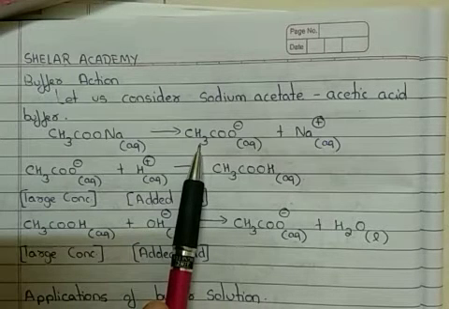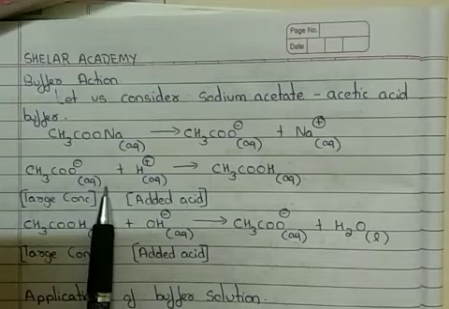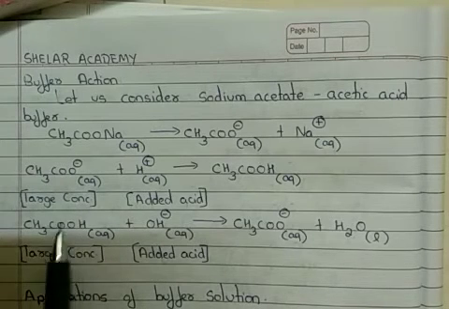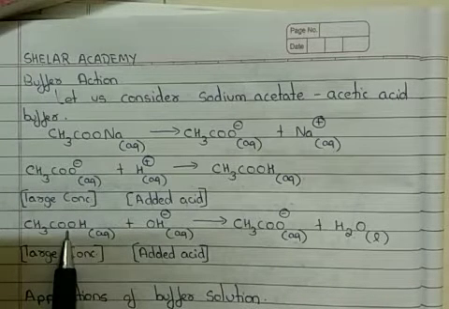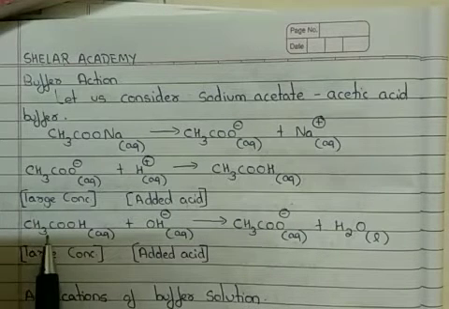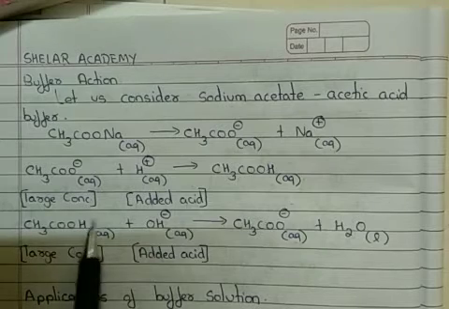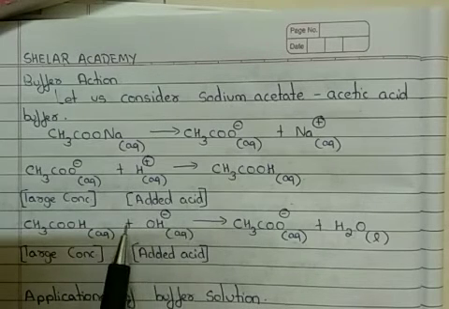The next step will be our acetic acid, which is a weak acid. The concentration of these undissociated molecules, because it is a weak acid and will not dissociate completely, is usually high. How will it be usually high?